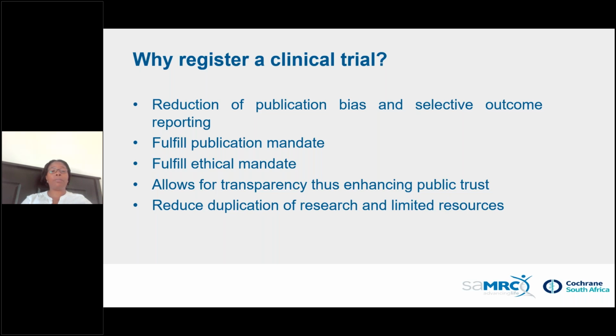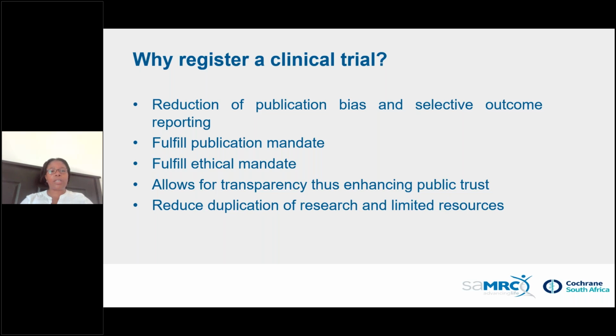By publication bias, we refer to when, for example, you've conducted a trial, and then your findings are not attractive, if I can call it that way, and you choose not to publish or share that information.